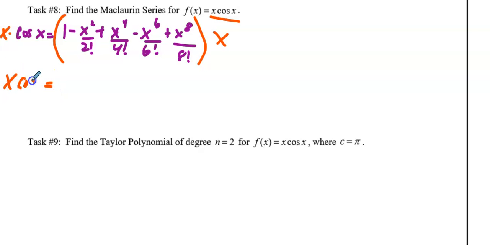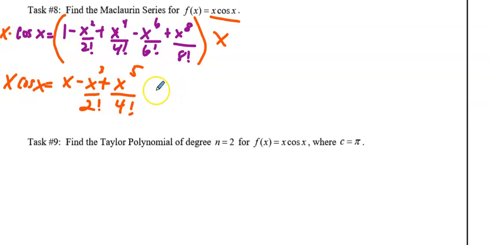So x cosine of x is going to be x minus x cubed over 2 factorial plus x to the 5th over 4 factorial. That should be plus as well. Minus x to the 7th over 6 factorial plus x to the 9th over 8 factorial.